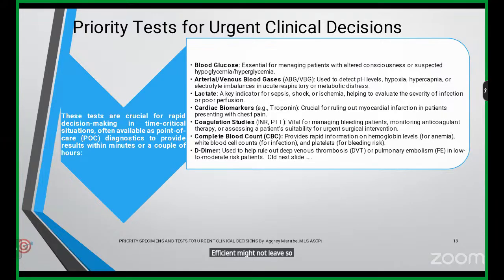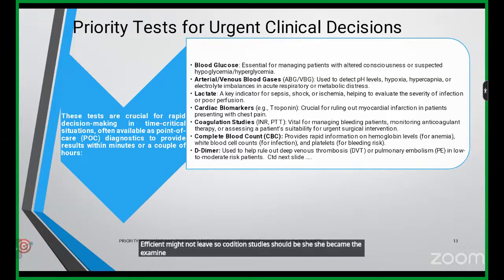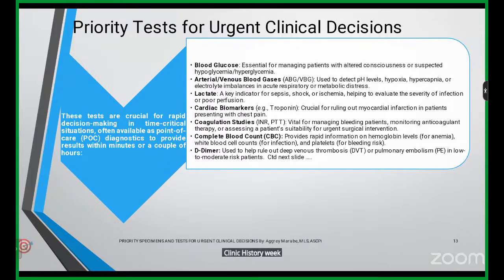So coagulation studies should be keenly examined. If there is any such specimen, clinical history can dictate the urgency.